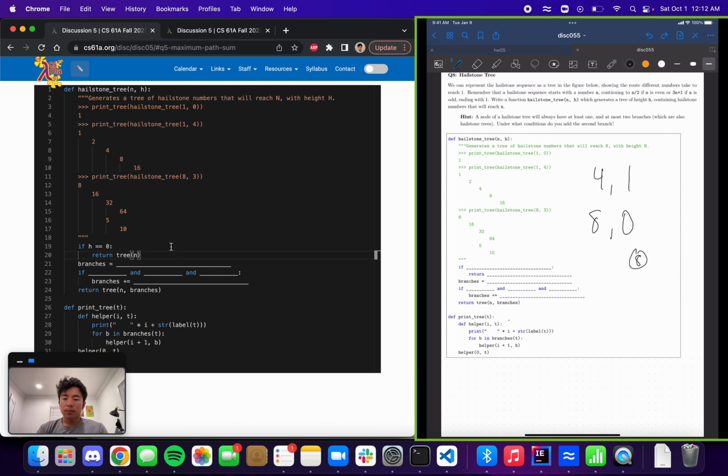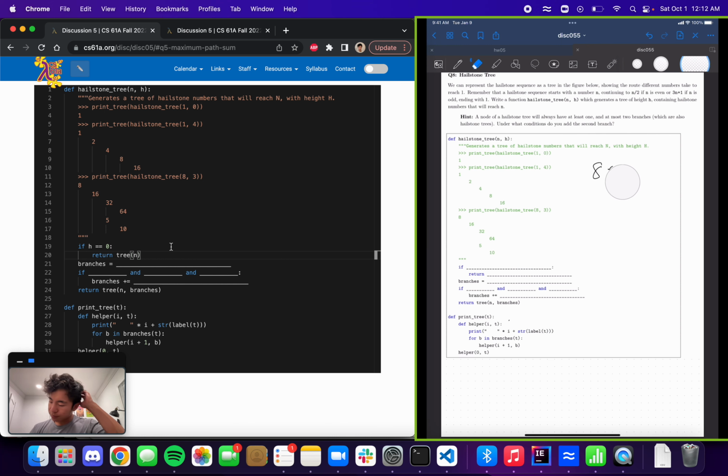And so second, we want to determine how many branches we can have. And so let's consider the even and the odd case, whether each branch could have that number. The thing to know about even numbers is that it's always possible. That branch is always going to exist. So considering 8, or whatever number that you have, 2 times that number is always going to lead back to it.